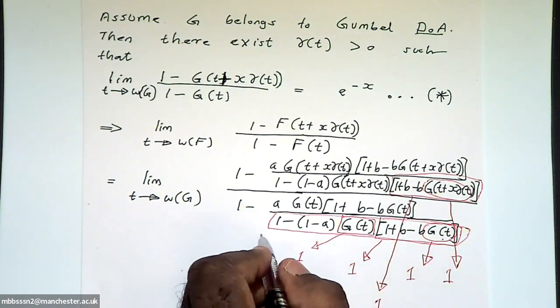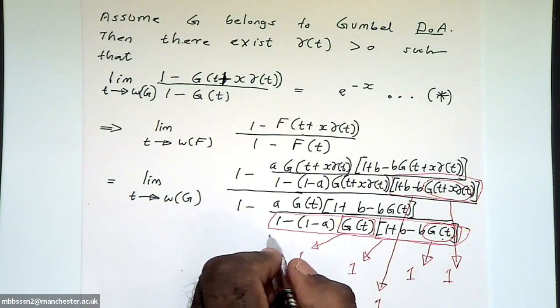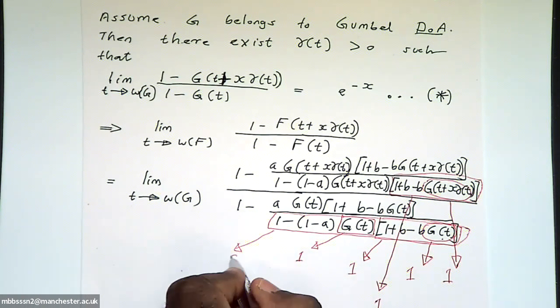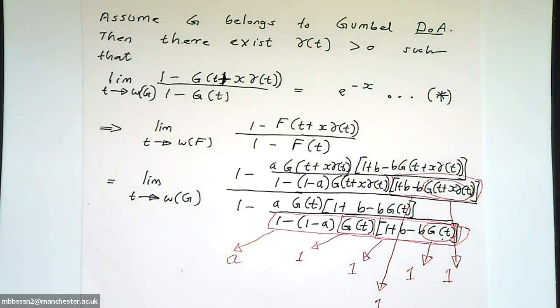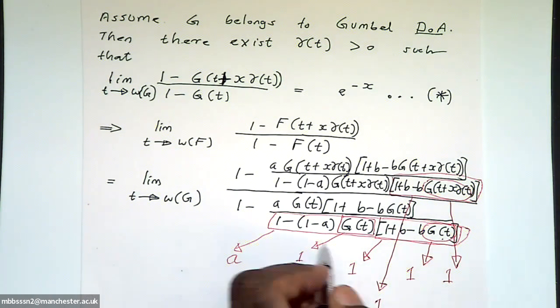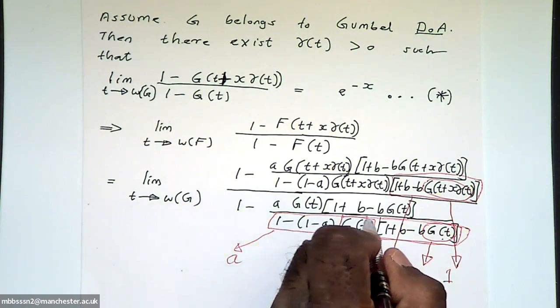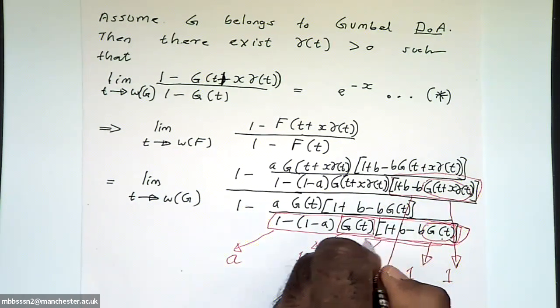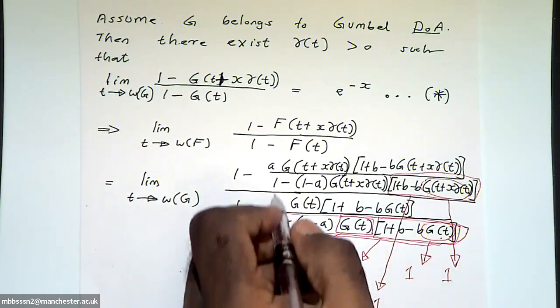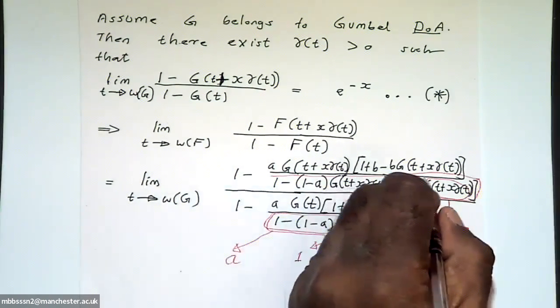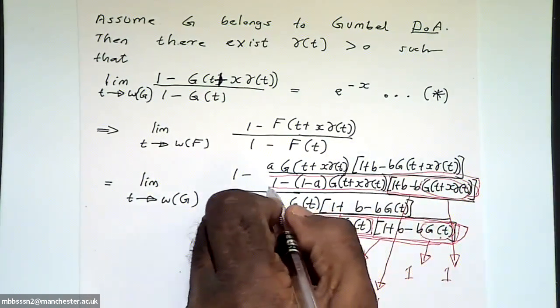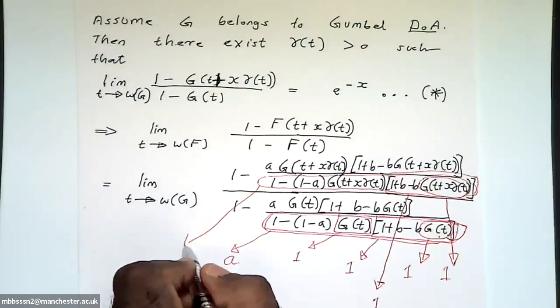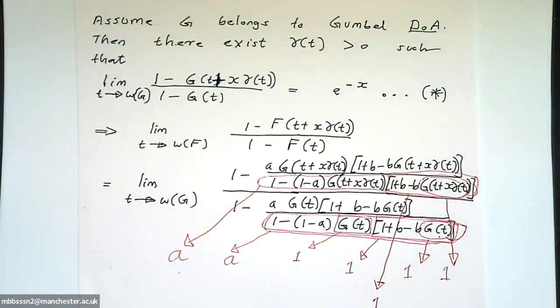This whole thing here is going to go to A, and similarly, this whole thing here is going to go to A too, right? Do you guys see it or not?